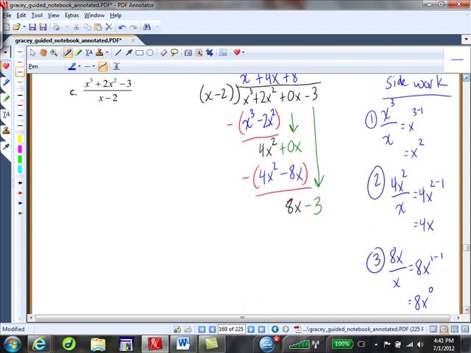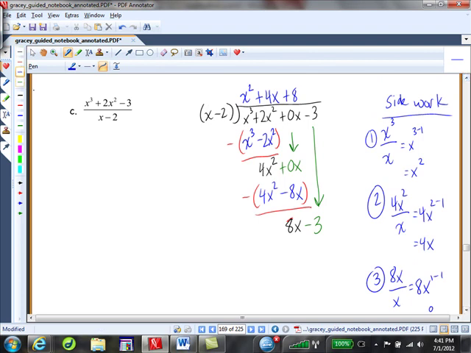So, long story short, we end up with 8x, and then 8 times negative 2 is minus 16. We're subtracting the whole binomial. The 8x zeroes out. Negative 3 minus a minus 16 is positive 13. So this time we have a remainder.